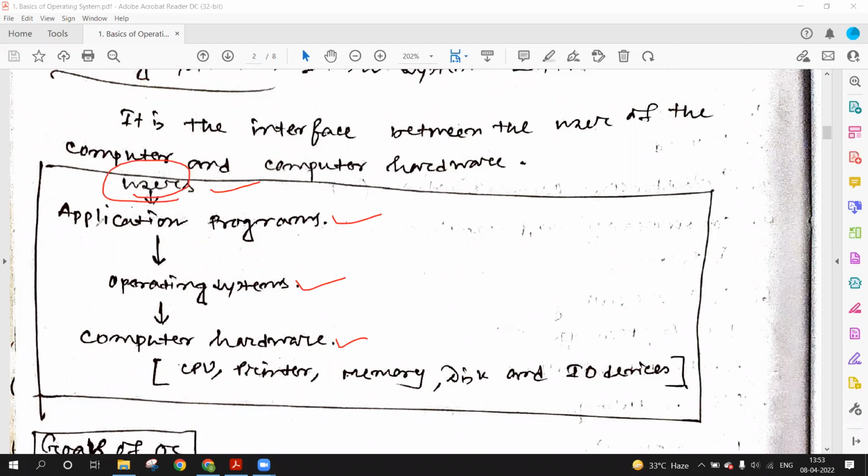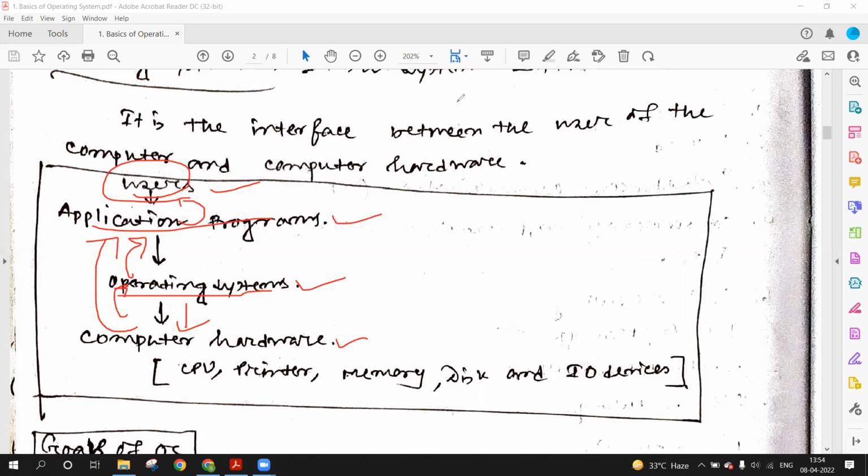The user will click on an application program like Facebook or YouTube, anything. Then it will ping the operating system, meaning request some process from the operating system. Then it will request the computer hardware, and the response will go from the computer hardware to the operating system, and from the operating system to the application programs, and the output will be generated and visible to users.